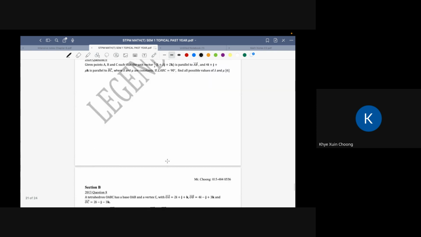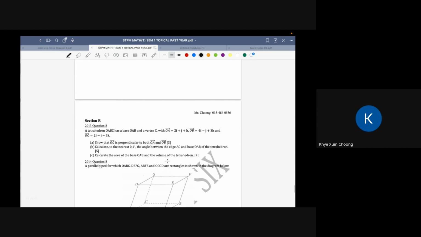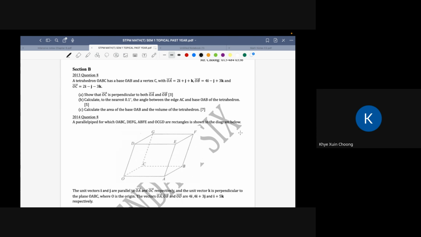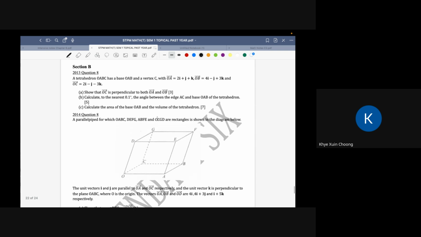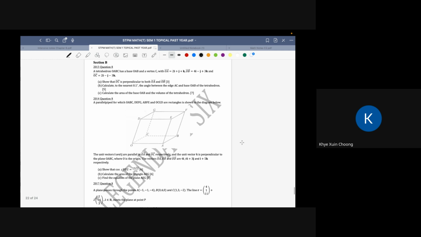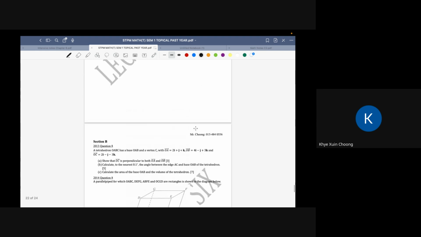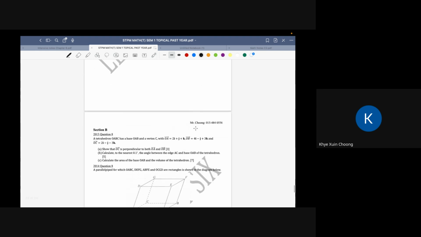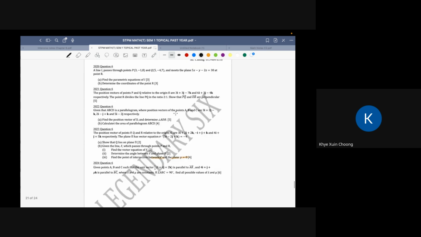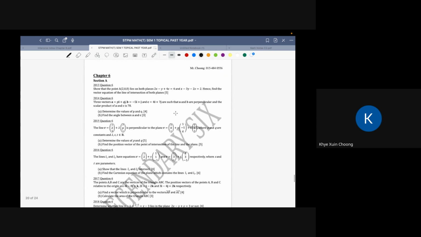Then section B, you still have a chance to choose, like if you don't know how to do the vector one, you can choose the other question. But of course, if you can manage to master all the questions of section B in vectors, then you have a higher chance to encounter a question that you can do. So it's better that you master the section B questions of vectors. Now we are going to discuss section A first.